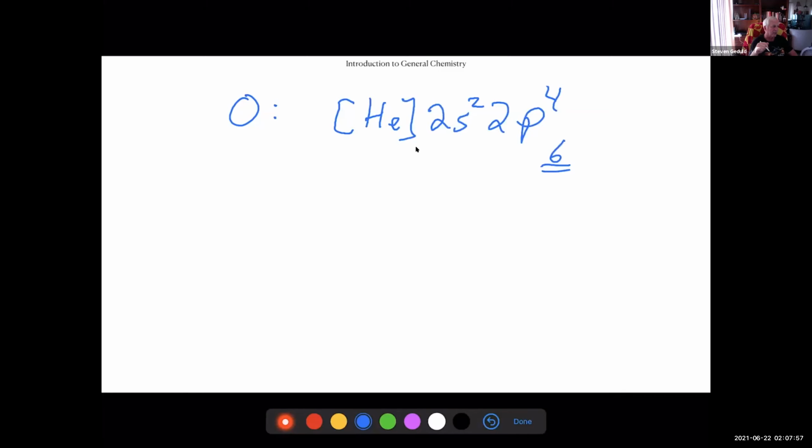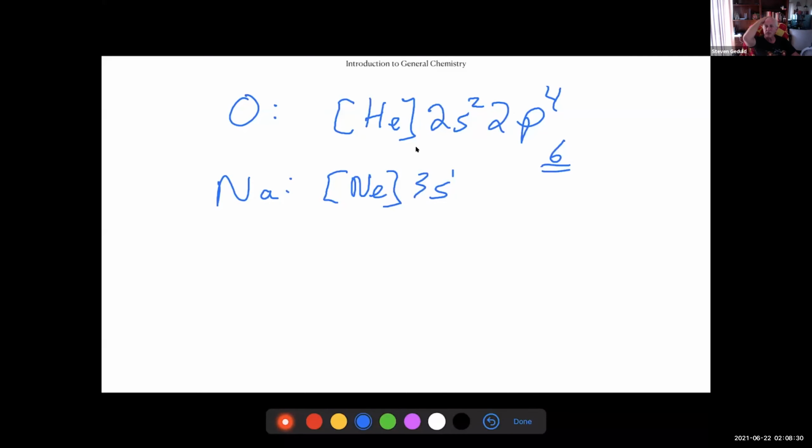Okay. Let's look at sodium. Sodium is Na, and it has 11 electrons. It has neon going backwards, and then 3s1. So sodium has 1 valence electron. So hydrogen, lithium, sodium, potassium, rubidium, cesium, francium, all of those have 1 valence electron.